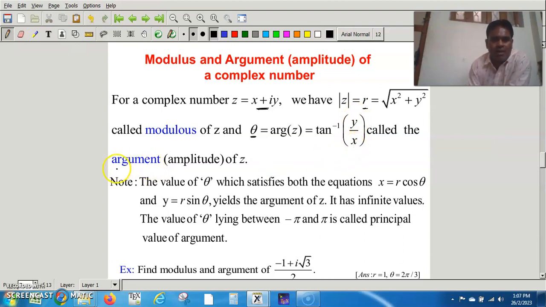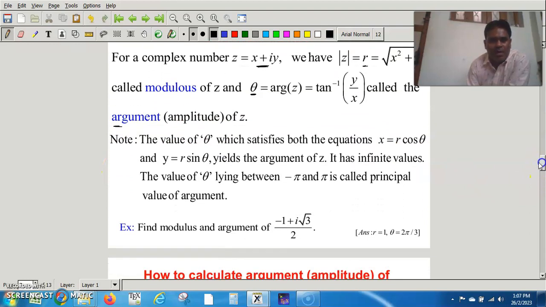This is called the amplitude or argument of the complex number. The value of theta which satisfies both equations, x equal to r cos theta and y equal to r sin theta, is counted as the principal value, which lies between minus pi and pi.